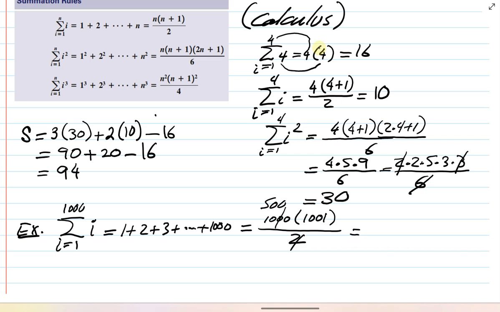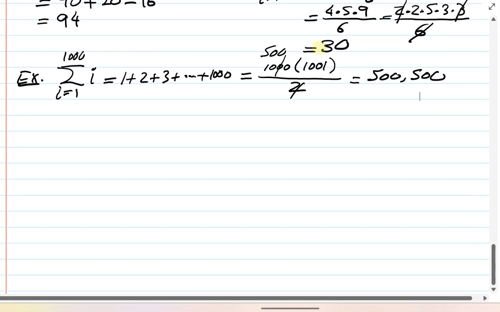So this total is going to be 500 times 1,001. 1,000 times 500 is 500,000. 500 times 1 is 500. So the answer is 500,500. There you go. Much faster, probably more accurate than if I did it on a calculator and I'd still be punching the numbers in. And there you have that example.